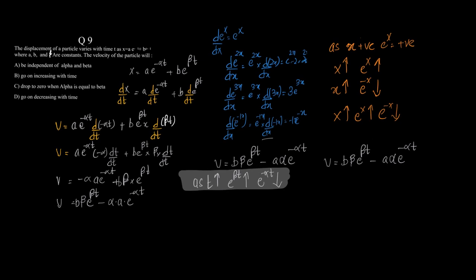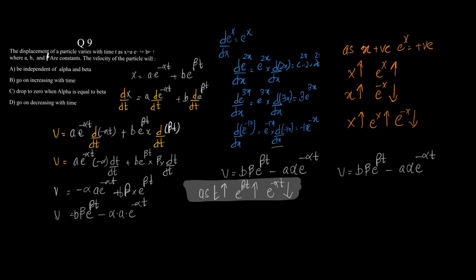Let us now further try to understand this, which means, say when t is equal to 1, v will be equal to b into beta into e raised to beta minus a into alpha into e raised to minus alpha, because t is 1, right?